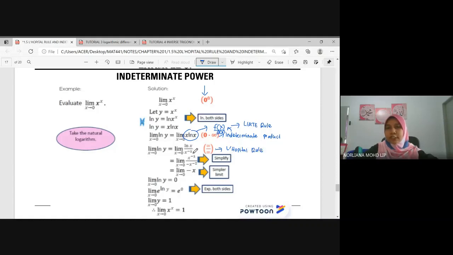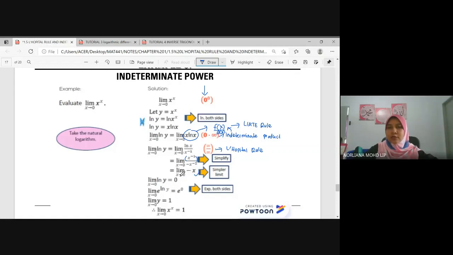We differentiate the numerator, which gives 1 over x, and then differentiate the denominator, which gives negative x to the power of negative 2. Then we simplify this function, so we get the limit of negative x.